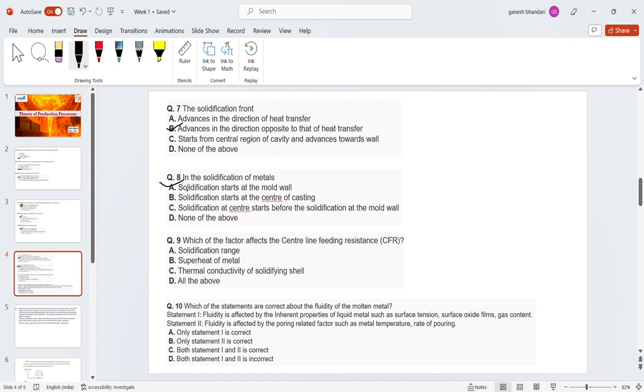So centerline feeding resistance. Okay, do you know what this is? Okay, so I'll advise you to go to the lectures because it is covered there.